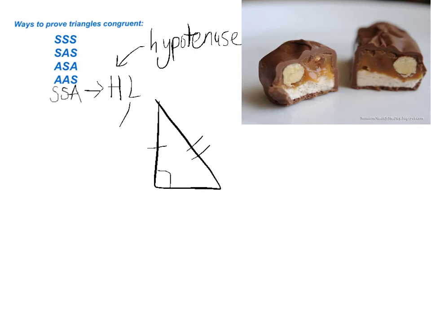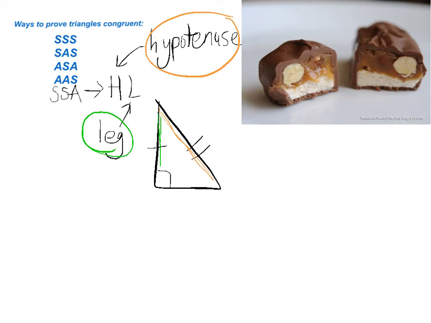And what do you think the L stands for? Yeah, leg. This vocabulary comes from the Pythagorean theorem. Now, if you don't remember this, you definitely want to label that the hypotenuse is the side across from the right angle, and that the leg is one of the other sides.